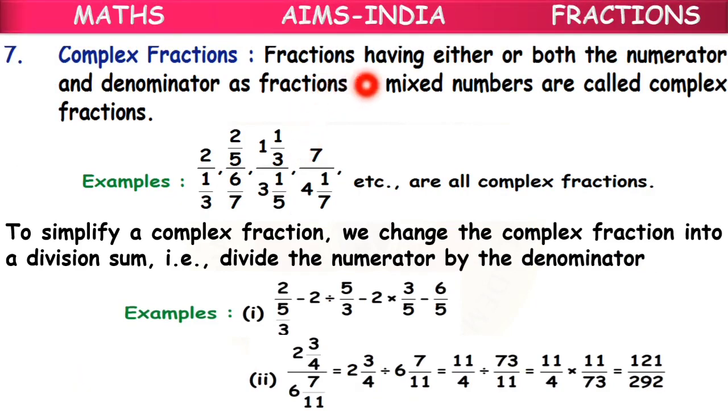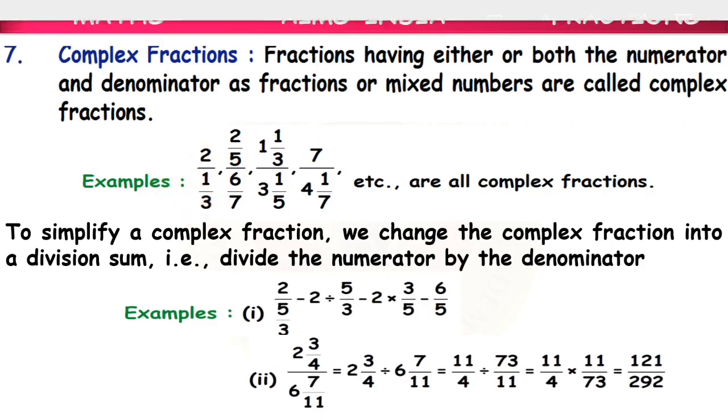Complex fractions, having either or both the numerator and denominator as fractions or mixed numbers, are called complex fractions. Example: 2 divided by 1 by 3. See, what is a simple fraction?